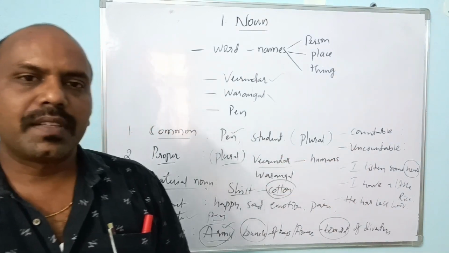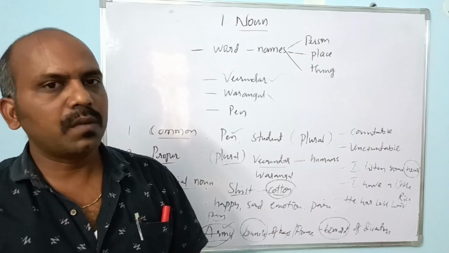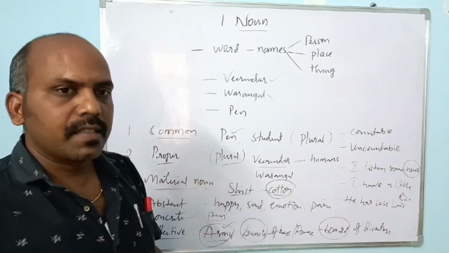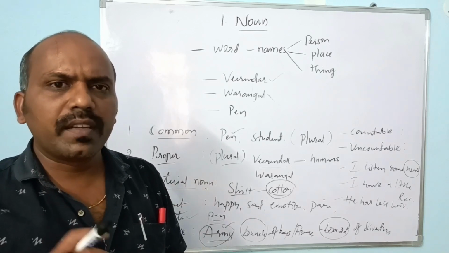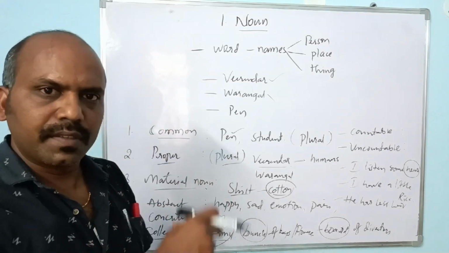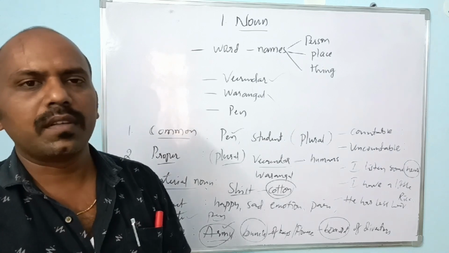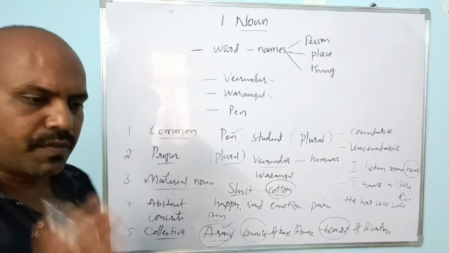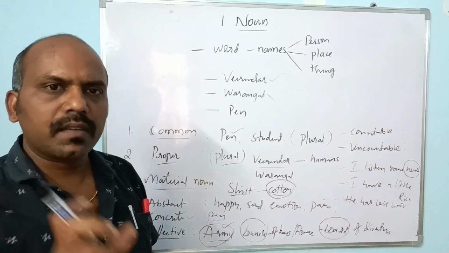So these are different types of nouns. Hope you have understood well. And I think when you get a sentence, you may find which noun it is according to this video, according to what you have learned. After this video, just go through a few sentences and find out which type of noun each noun comes under.